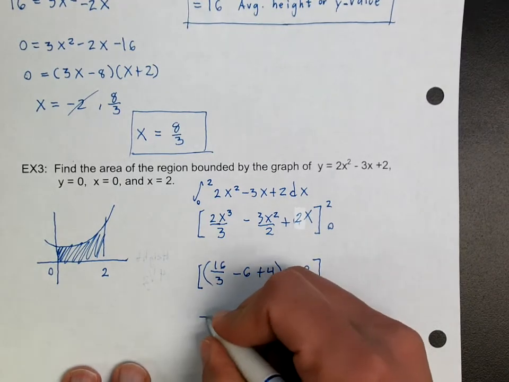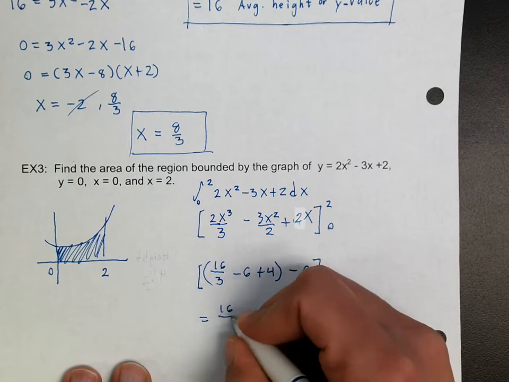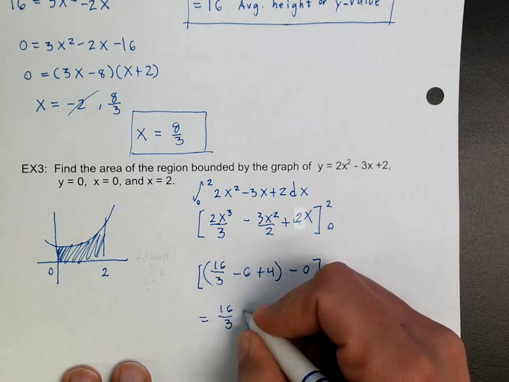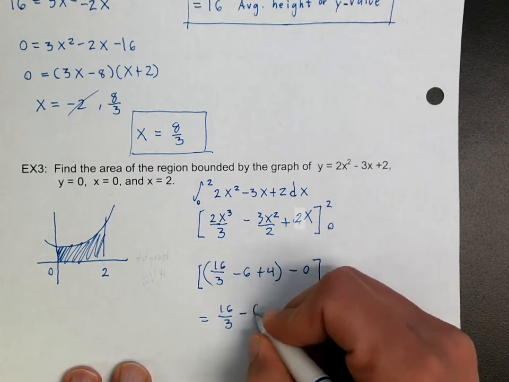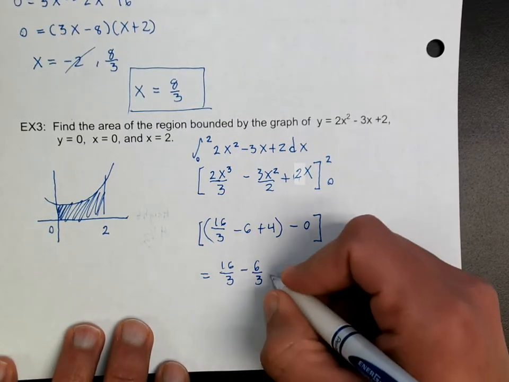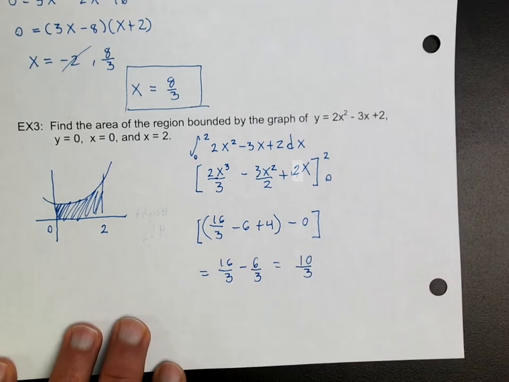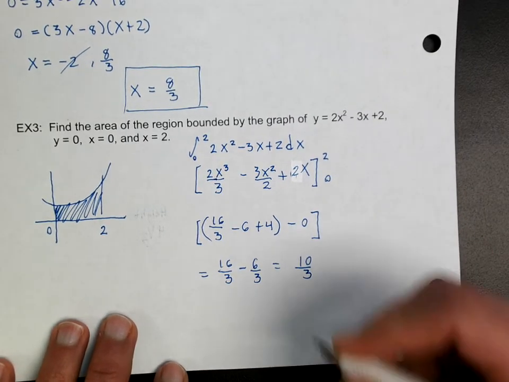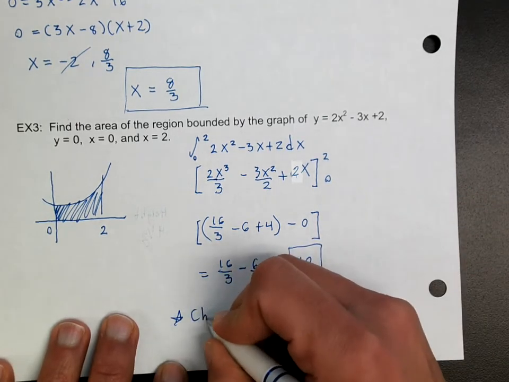And that's going to give you, let's see, 16 over 3, that's negative 2 minus 6/3. Yeah, negative 2 is the same thing as negative 6/3, which gives you 10 over 3. And that should be it. Now, make sure to check this in your calculator.